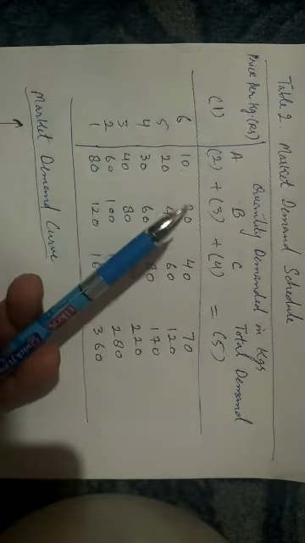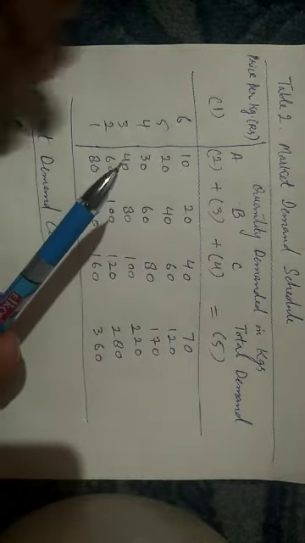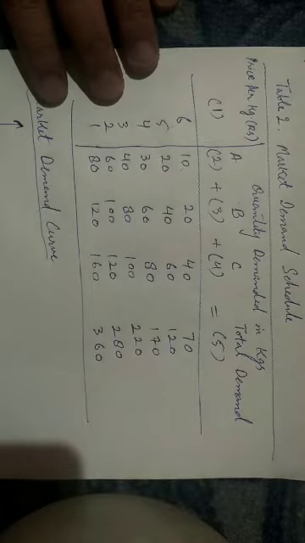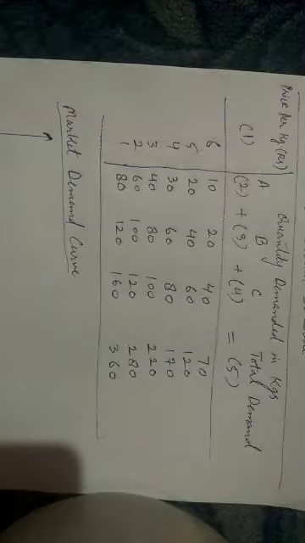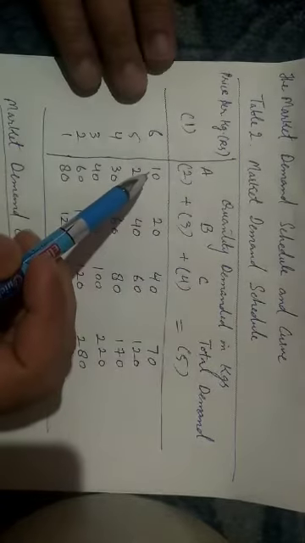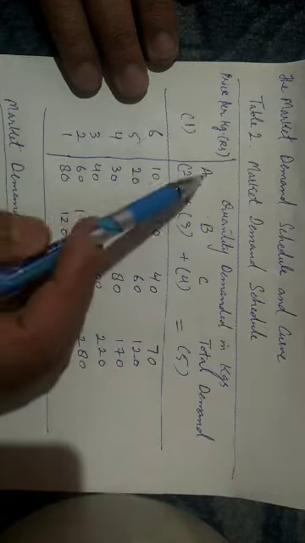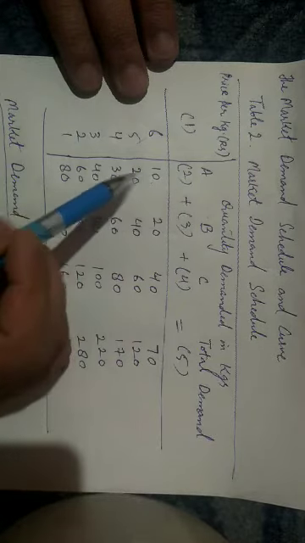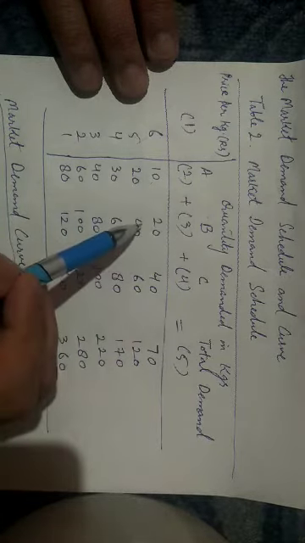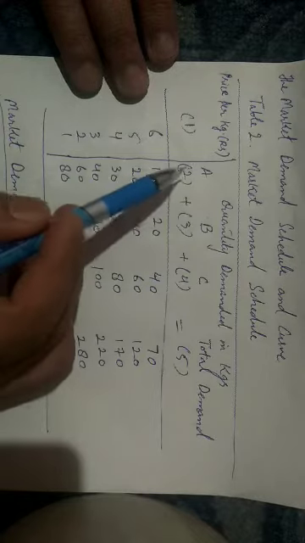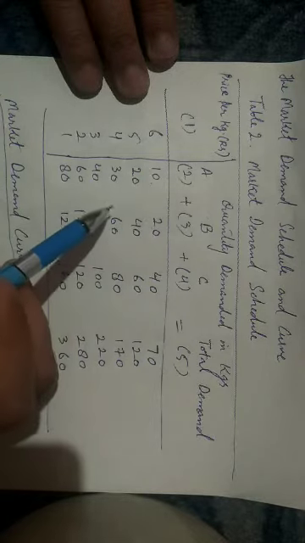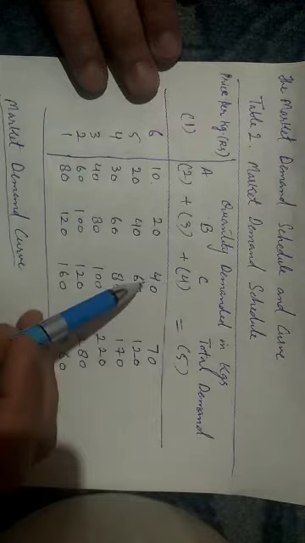The demand schedule of a commodity is depicted in table 2. You see in this table, when the price of a commodity is rupees 6 per kg, A's demand is 10 kgs, B's demand is 20 kgs, and C's demand is 40 kgs.